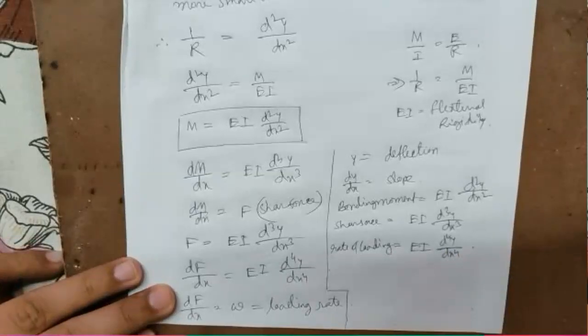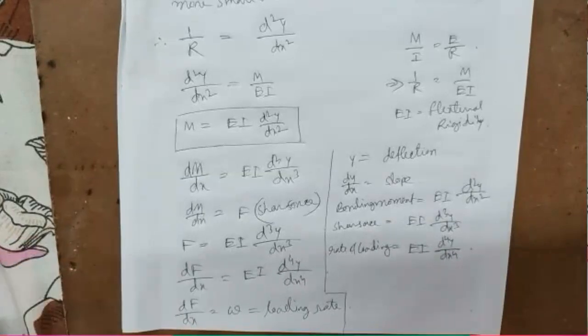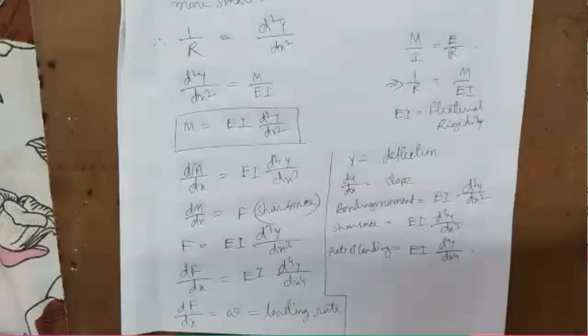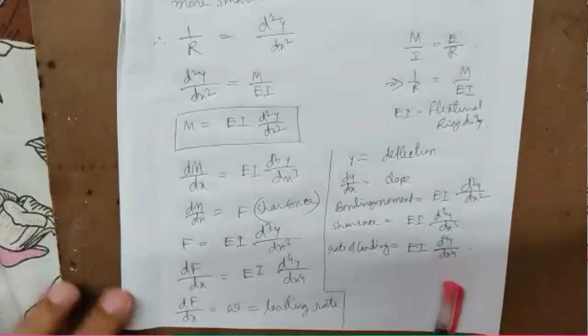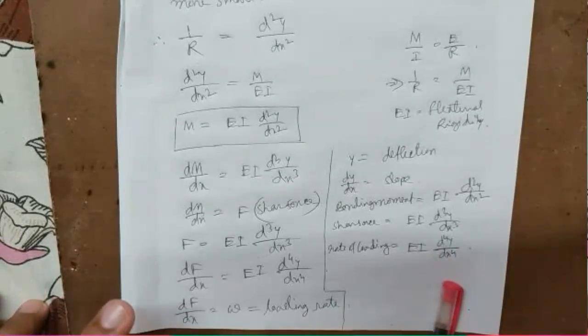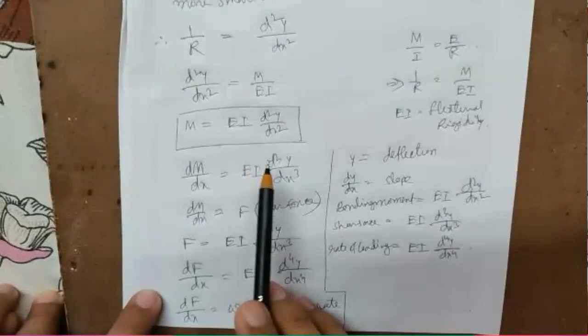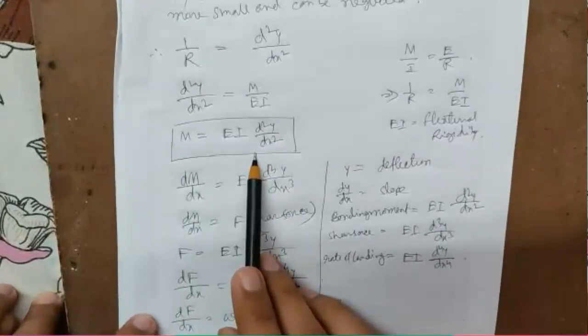Okay. Now, there are a number of methods to find out this deflection. When you make a single integration of this equation, then you get dy dx or slope.